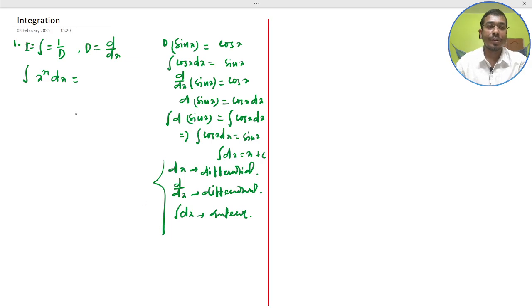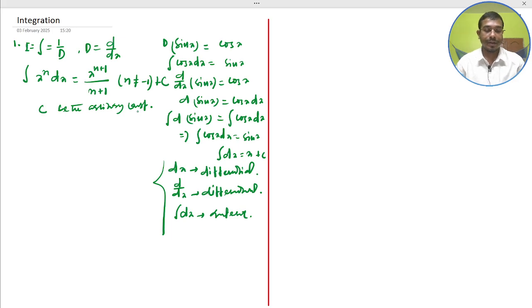It becomes x to the power n plus 1 divided by n plus 1, where n is not equal to minus 1, plus c, the arbitrary constant. Next, integration of 1 by x dx is log mod x plus c. I won't write the c every time, you just write plus c as the arbitrary constant of all integrations.